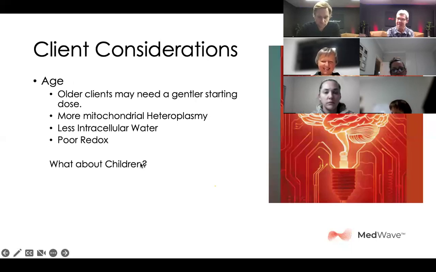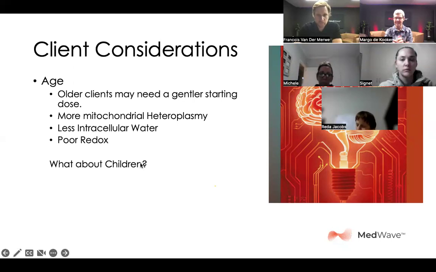The age of a client can be quite important as well, because our older clients might need a gentler starting dose because their mitochondria have potentially over the years mutated, and we call this mitochondrial heteroplasmy. So what that is, our mitochondria mutate, and we have more mitochondria that are functioning somewhat poorly versus ones that are functioning healthily, and that ties into the mitochondrial theory of aging.